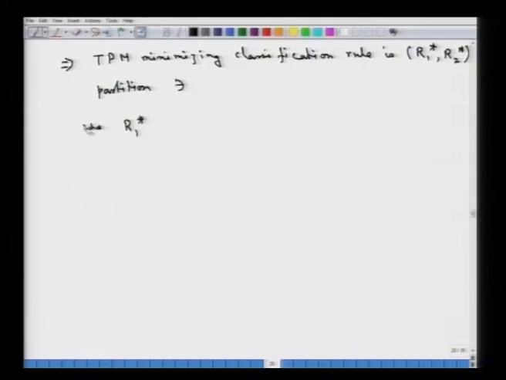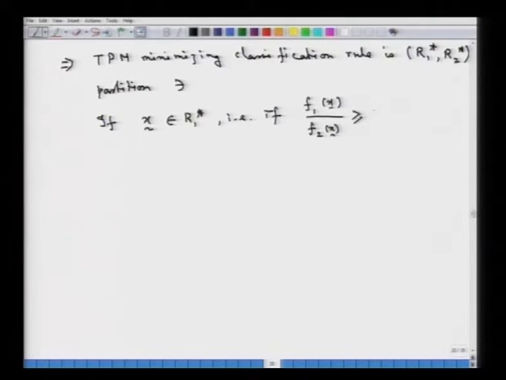One can also put it in a different way. If x belongs to R1 star, that is, if F1 x by F2 x is greater than or equal to P2 by P1, then assign x to population number 1, because R1 star is the region corresponding to the first population, pi 1.